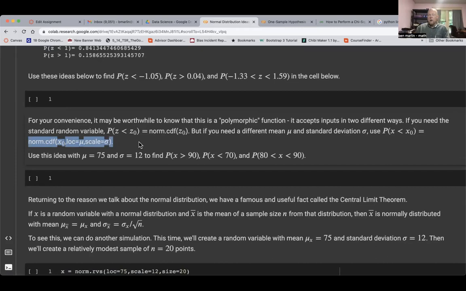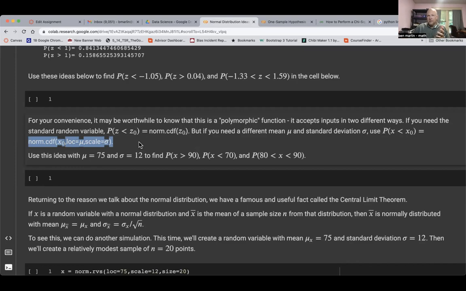But if you have a different mean or a different scale, sorry, what did I say? A different mean, which is mu, that's the middle of the distribution, or a different standard deviation, that's sigma, and it just determines how stretched out it is, then you can just go in and in your norm.cdf statement, just tell it loc equals whatever that mean is.